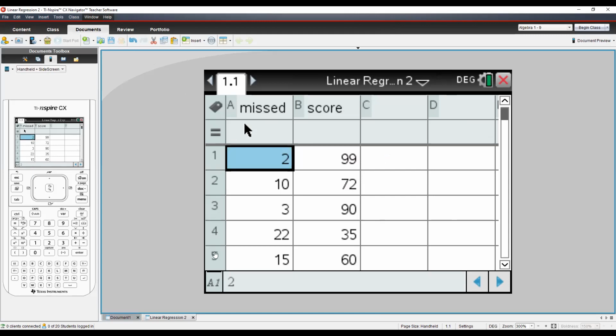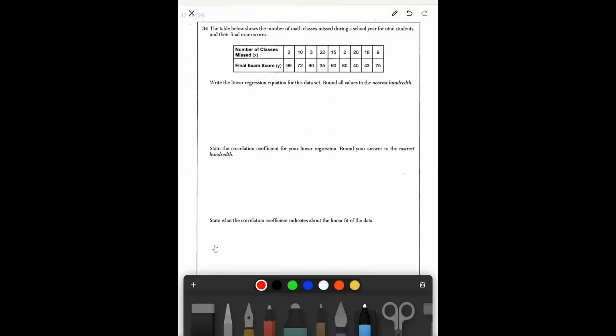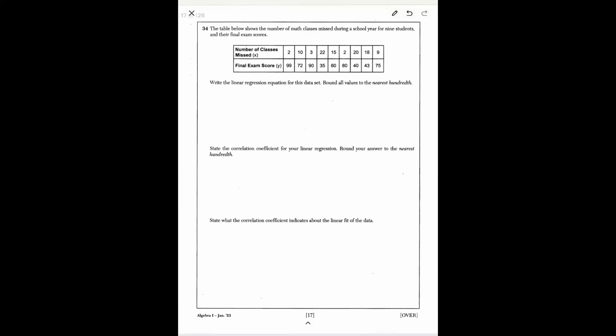Here we go. Now, it says the table below shows the number of math classes missed during the school year for 9 different students, and it also shows their final exam scores for the end of the year. And what they're basically saying is, is there a relationship between missing classes and your final exam score?